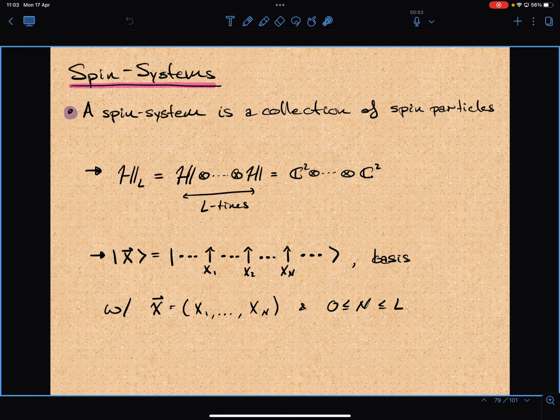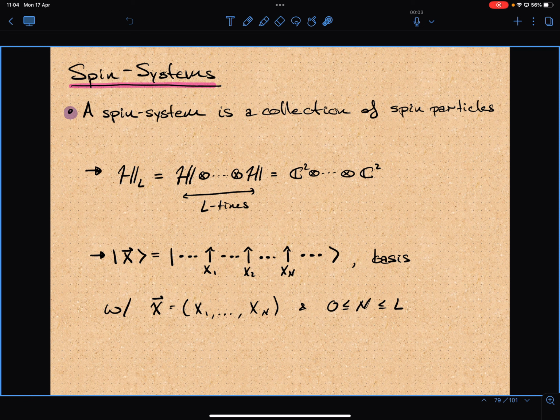And I'm going to compare it with a classical random walker. Part of the theme of looking at these two systems is to try to figure out the differences between the classical and the quantum. So let's go where we finished last lecture.